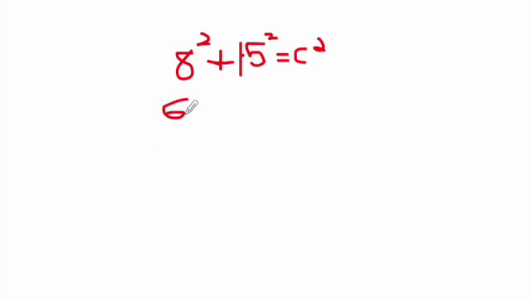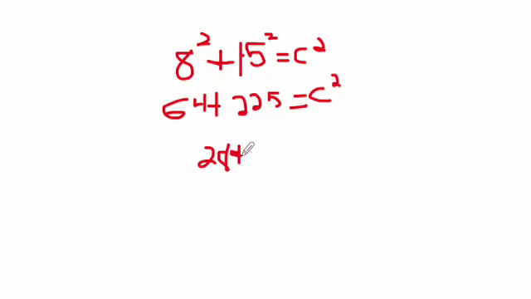And so 64 plus 225 equaled C squared. Then we had 289.